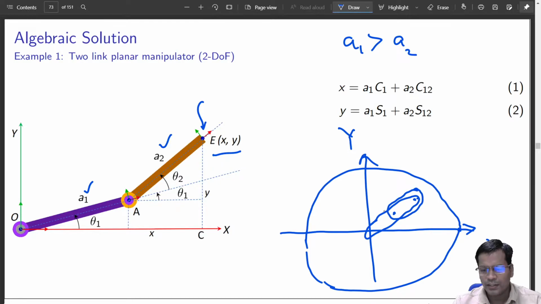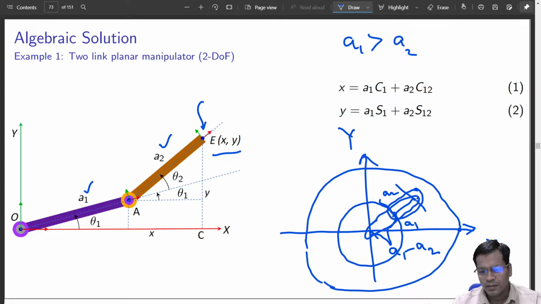This distance was a1, this distance is a2, so the remaining distance is a1 minus a2, and this is the minimum distance where your robot can go.